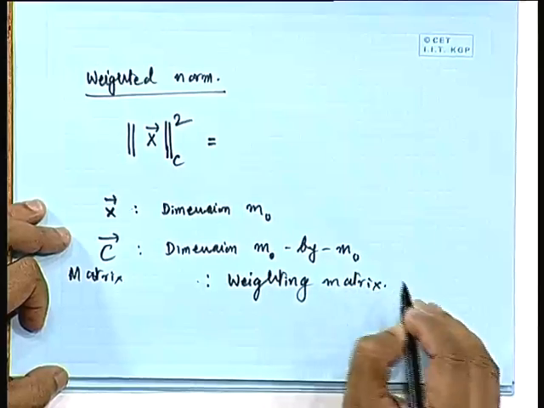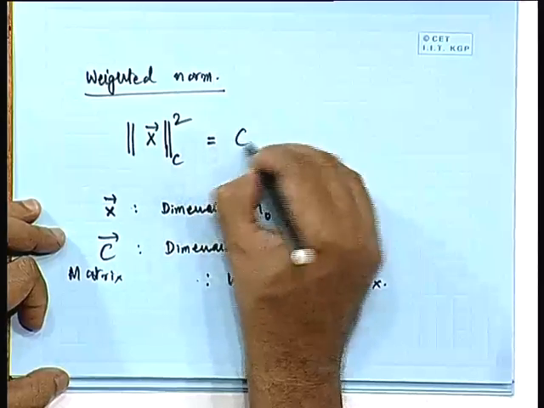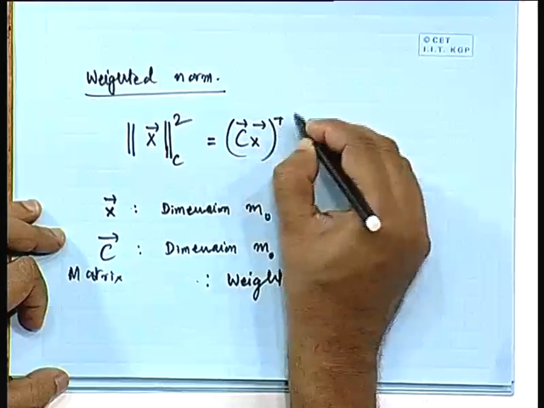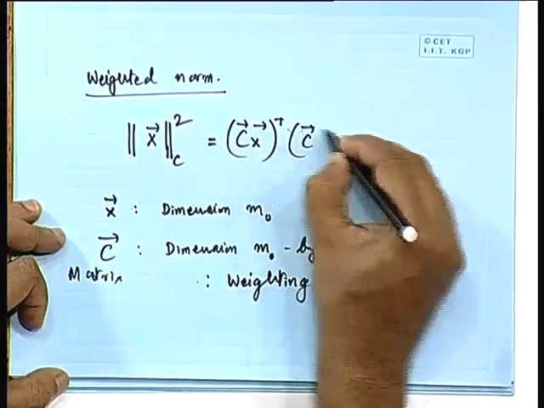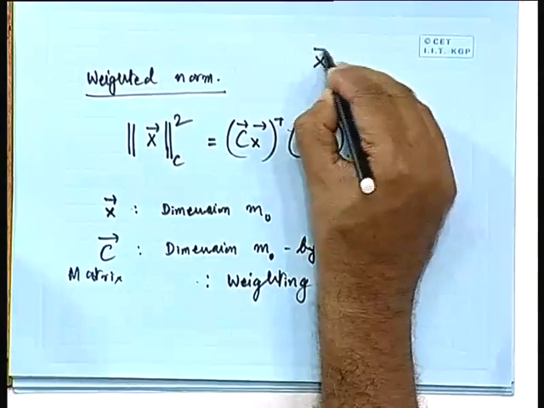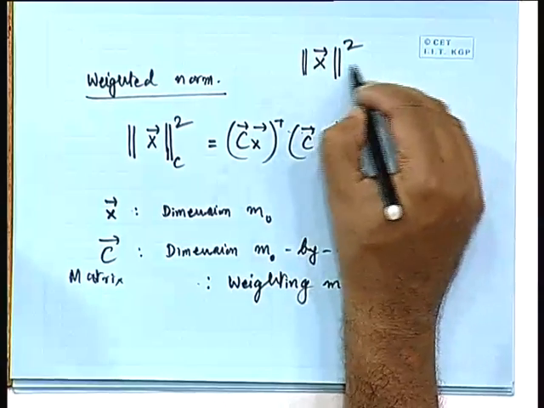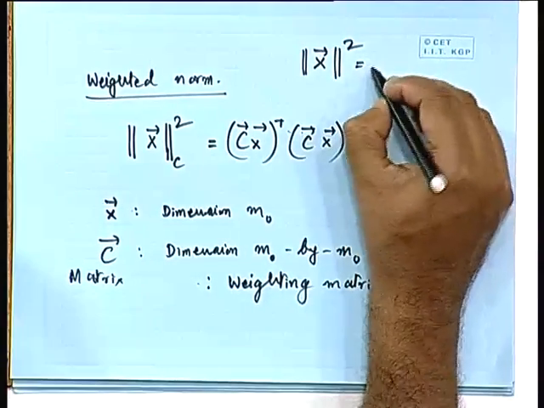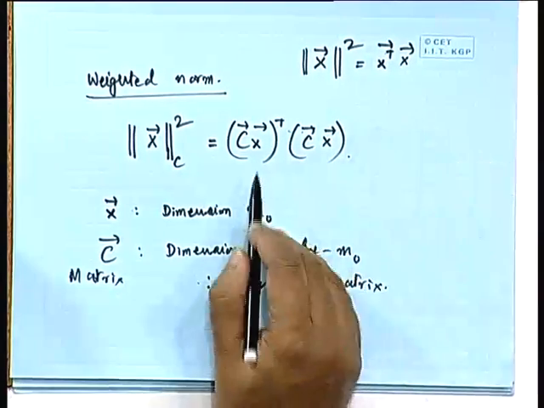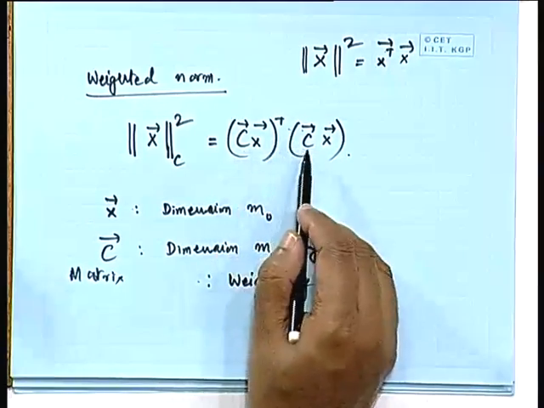and using this weighting matrix, the weighted squared norm could be expressed as (Cx) transpose times (Cx). Very similar to the Euclidean norm, because in the normal Euclidean norm, the squared norm of x becomes, we know, equal to x transpose x. So, here instead of x transpose x, we are getting (Cx) transpose (Cx).